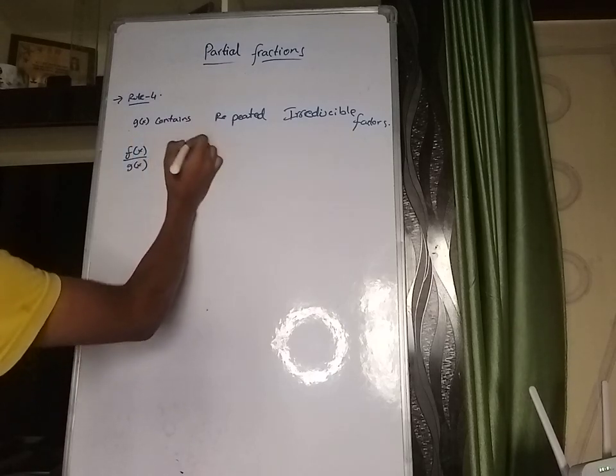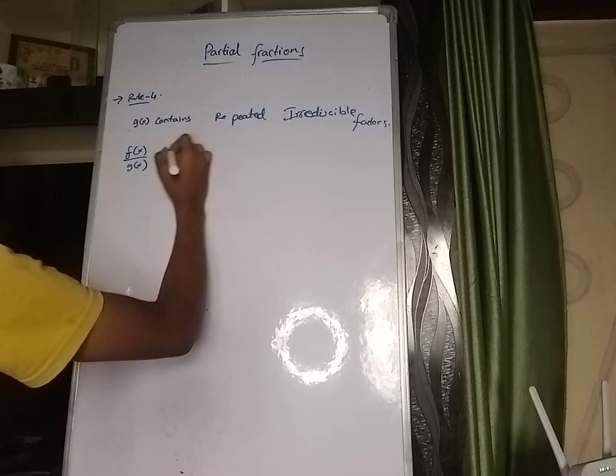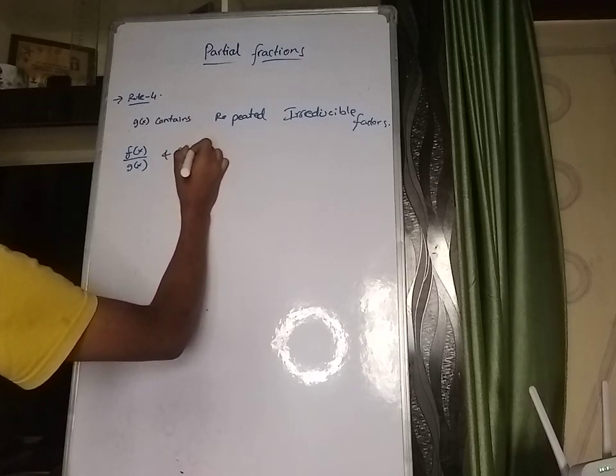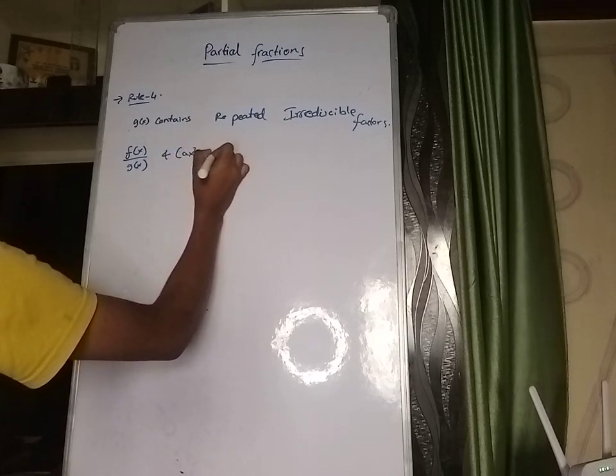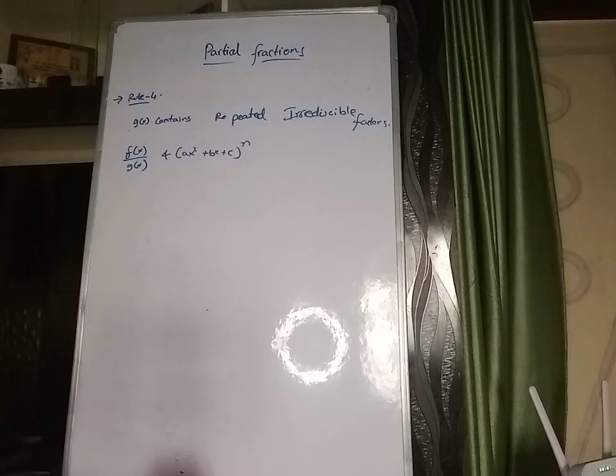and ax square plus bx plus c whole power n is a repeated irreducible factor.